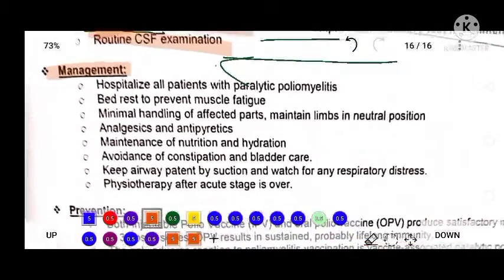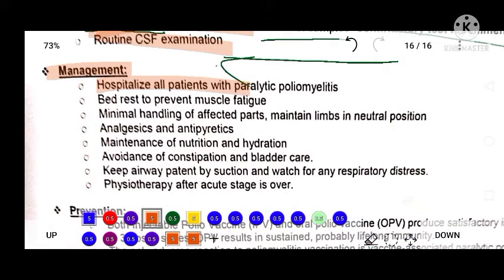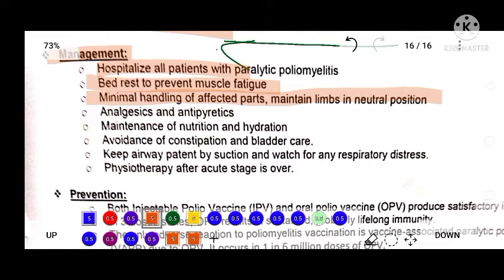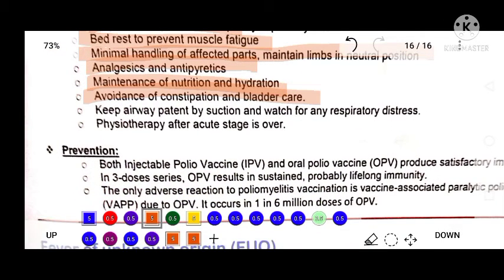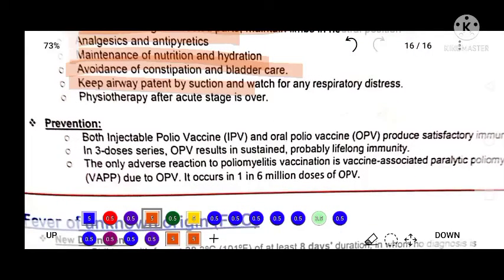Management for poliomyelitis is to hospitalize the patient, bed rest the patient, prevent muscle fatigue with minimum handling of the affected part, maintain limbs in neutral position, give analgesics, antipyretics, maintain nutrition of the patient, hydrate the patient, avoid constipation, and bladder care must be kept. Keep the airway patent by suction, watch and monitor respiratory distress, and give physiotherapy for the patient after the acute stage is over.